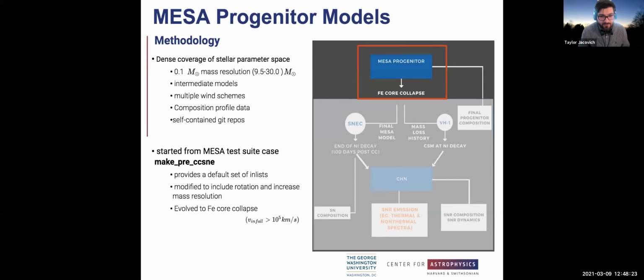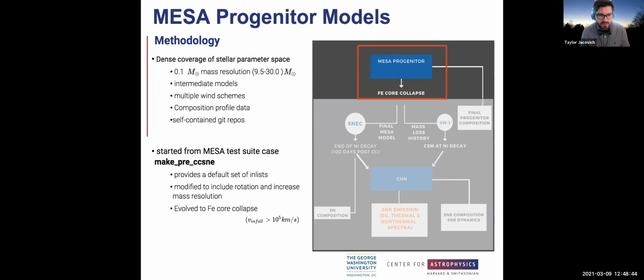So that's something we'll have to come back to. And we worked hard to make sure that our modeling code was based off of MESA test suite cases so that we could modify them, and also that we had a reasonable expectation that they would produce stellar output over a wide range of masses.